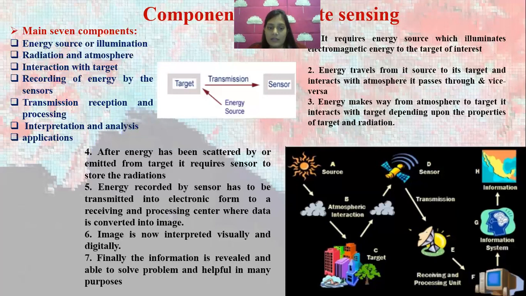Okay. After energy has been scattered by or emitted from the target, it requires sensors to store the radiation. Yes, very much. The target C, you can see the alphabet C. From that, it will go to the atmosphere. Some of the energy, if it is scattered, then also there is a sensor. It will attract and take all the information required by those rays. Right? Next, energy recorded via sensors has to be transmitted in electrical form to a receiving and processing center where the data is converted into an image.